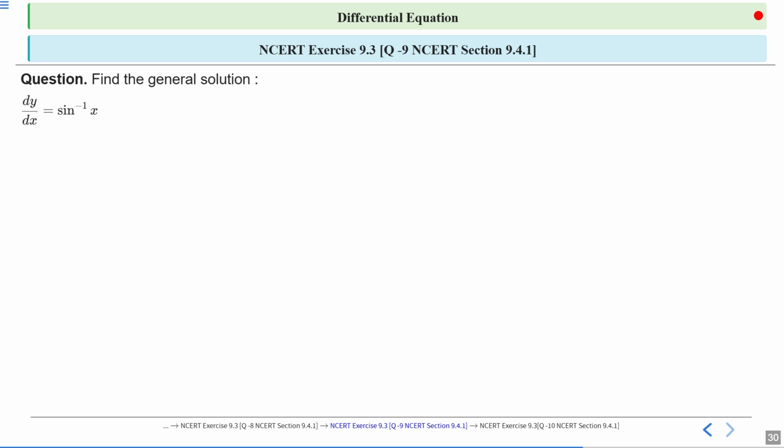Now we can solve this differential equation by various methods, and the first method we will be discussing today is the variable separable method.